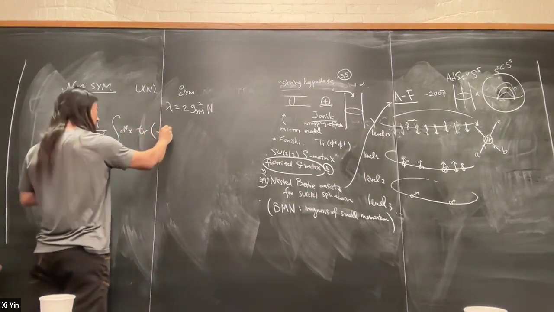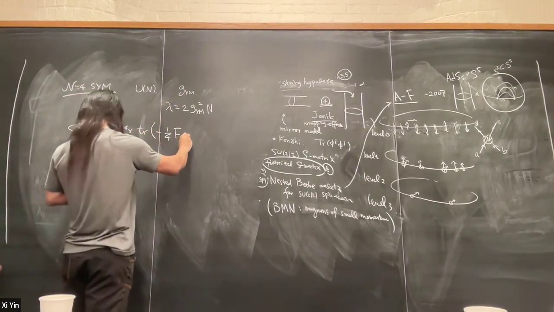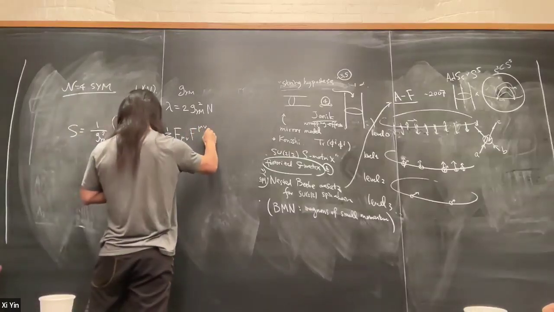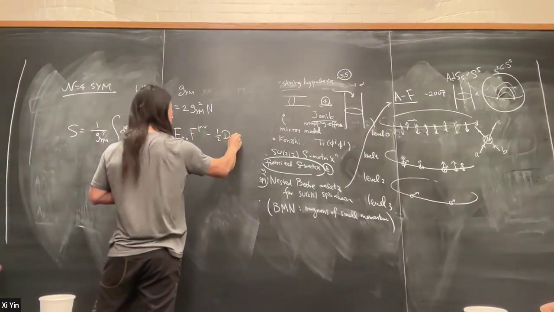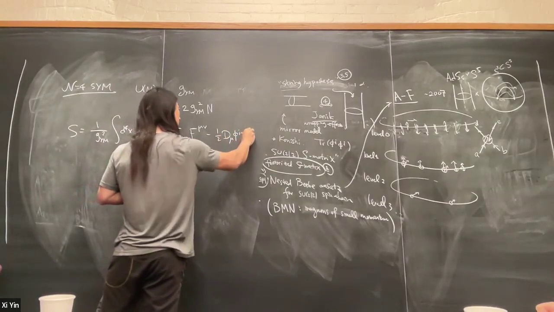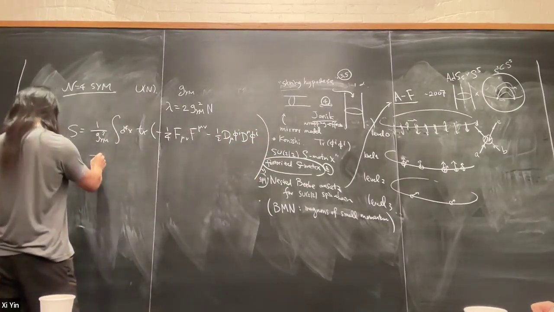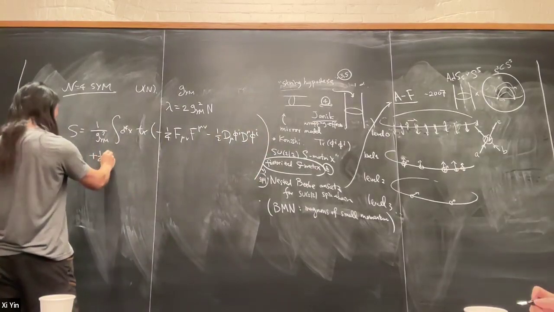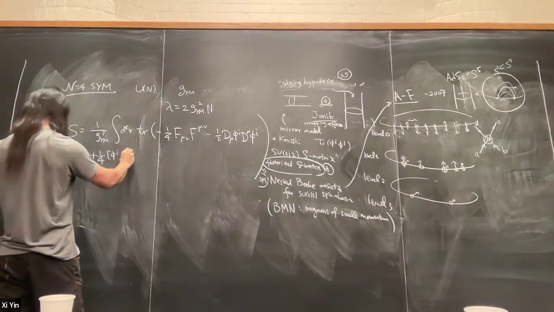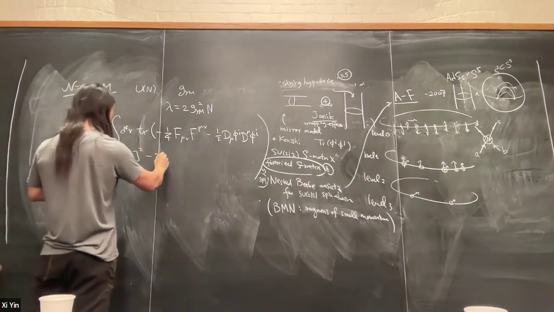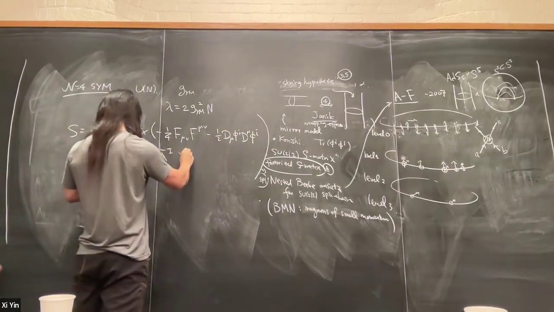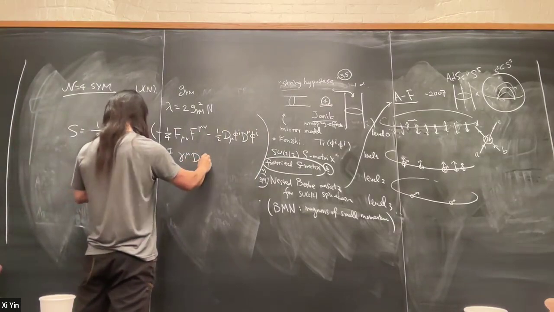Trace of minus 1/4 F_mu nu squared, minus 1/2 D_mu phi^I D^mu phi^I, where I is from 1 to 6, plus 1/4 [phi^I, phi^J] squared, minus 2 lambda bar_I gamma^mu D_mu lambda^I.